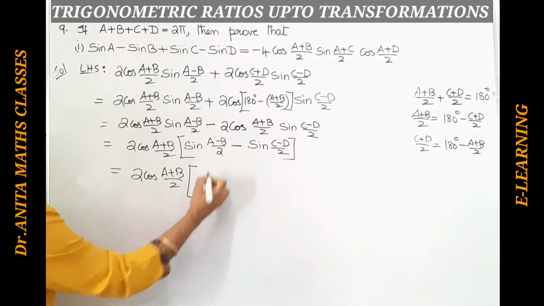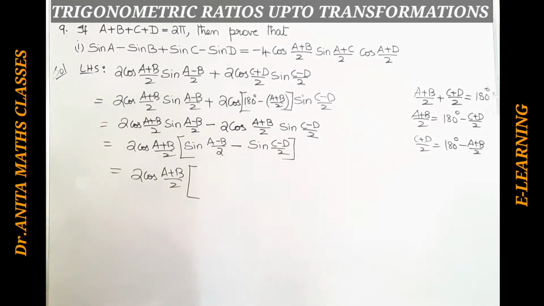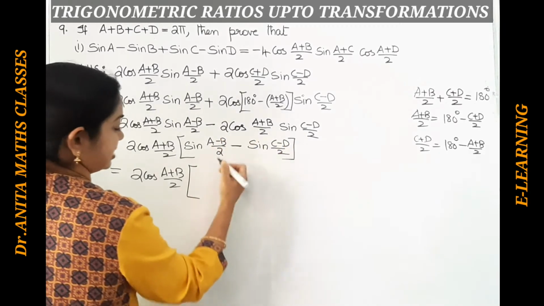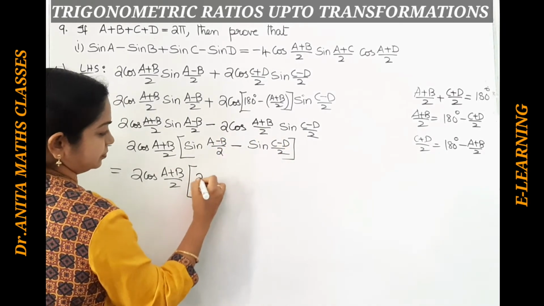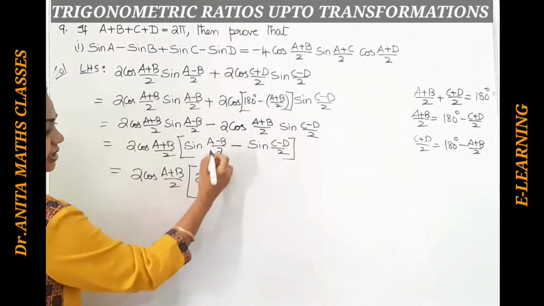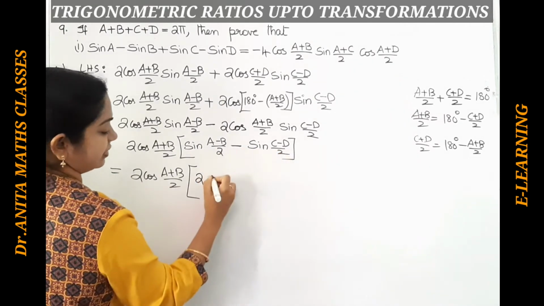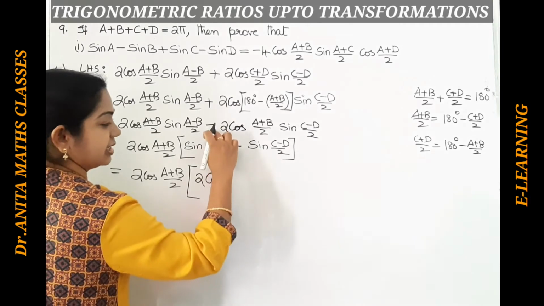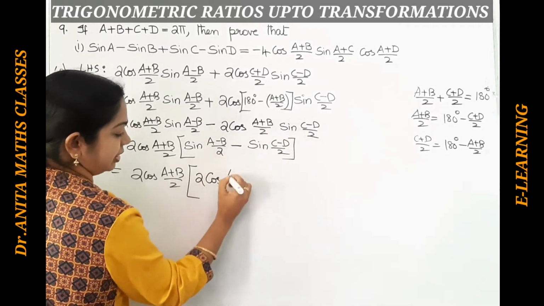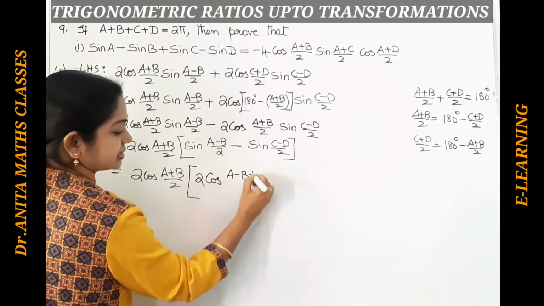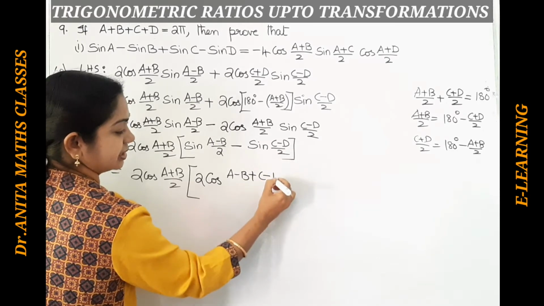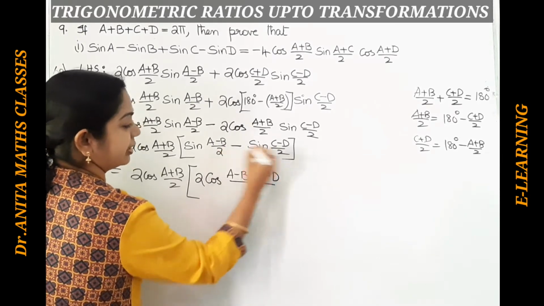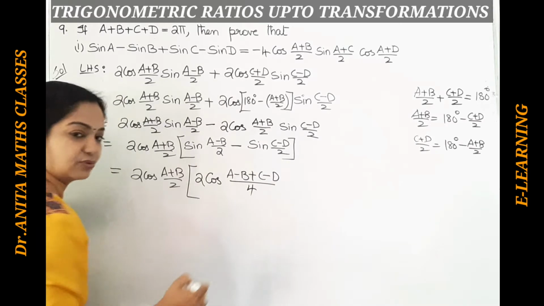And again I will make use of the transformation formula, sin and sin. So we'll take 2 outside here. Here sin and sin we have, so we get cos first. So this is A, this is B. So A minus B plus C minus D, by 2, and already 2 is there, so it becomes 4.